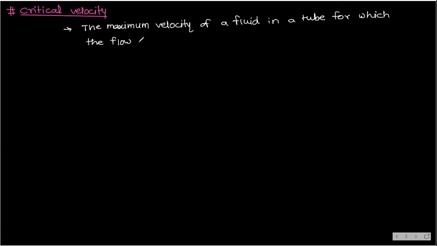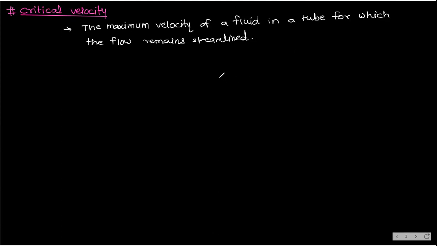This streamlined flow you already know. Maximum velocity of a fluid in a tube for which the flow remains streamlined.